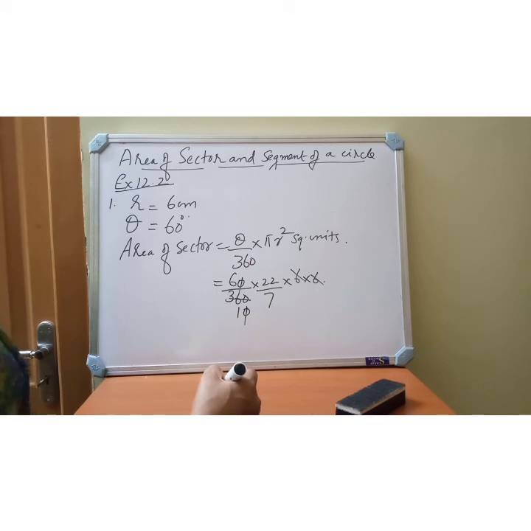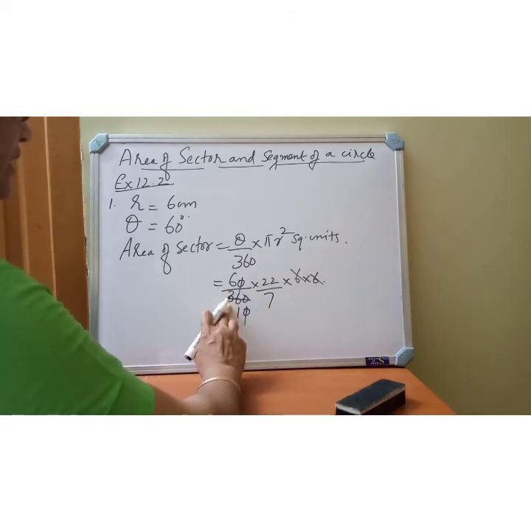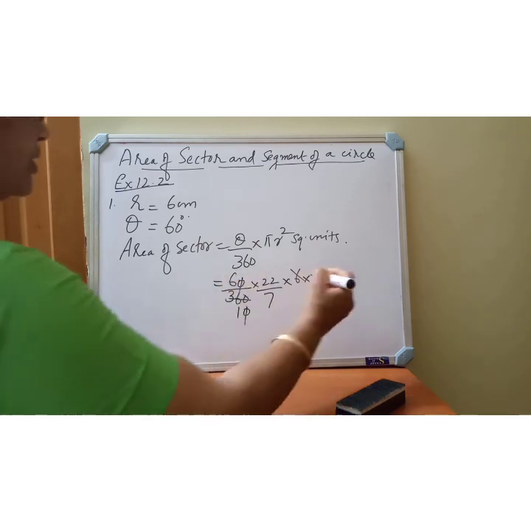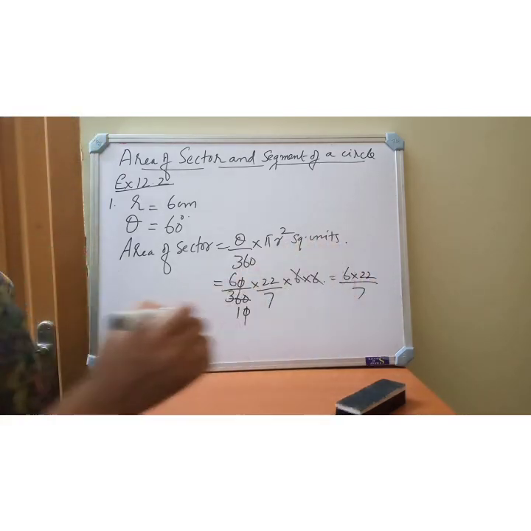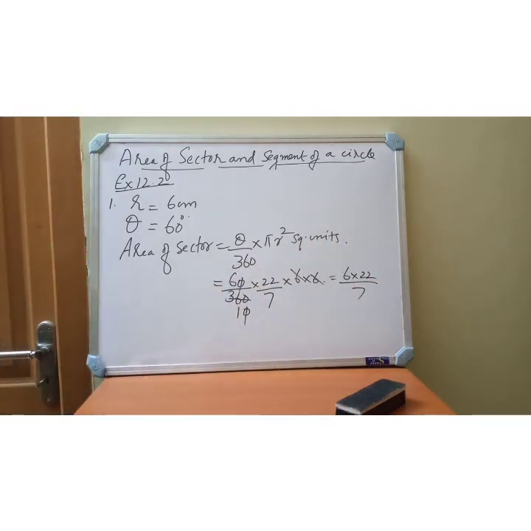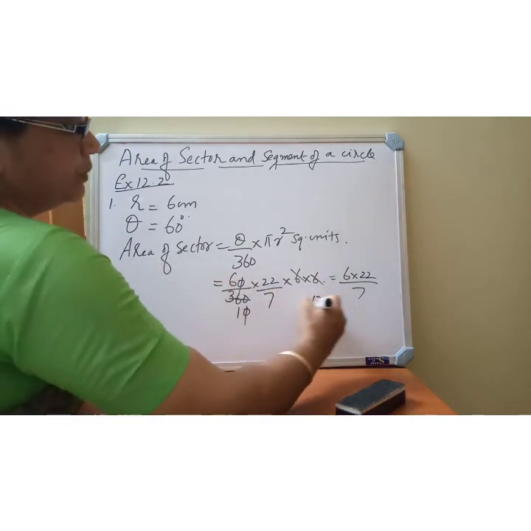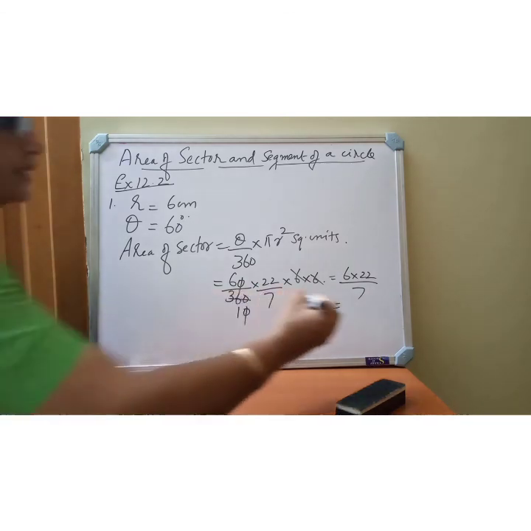We can cancel this one. Okay, 6 sixes are 36. So 36, 360 is 10 times. Then this 0 and this 0 get cancelled. So 6 into 22 divided by 7. What is 6 into 22? 132. 132 divided by 7. That is 18.86 centimeters square.